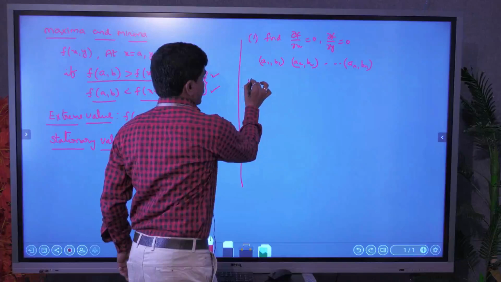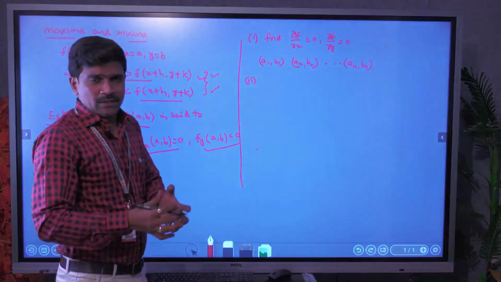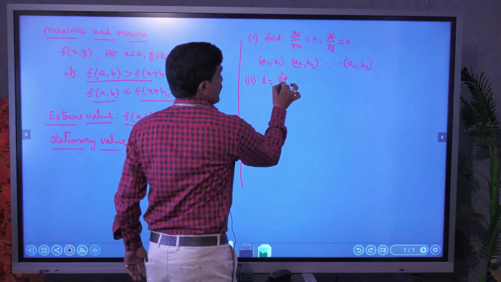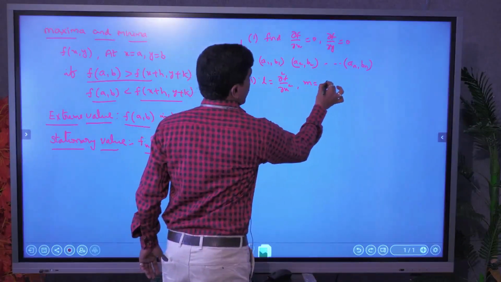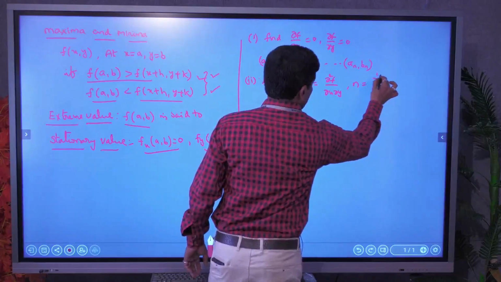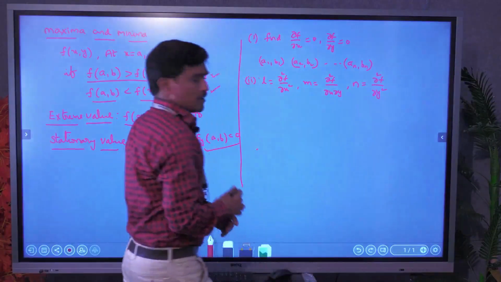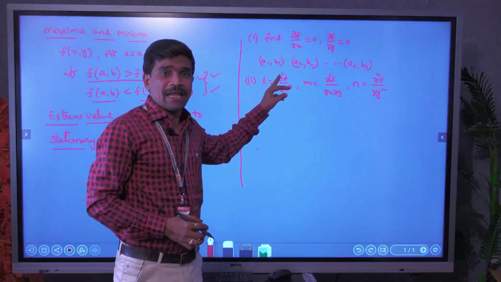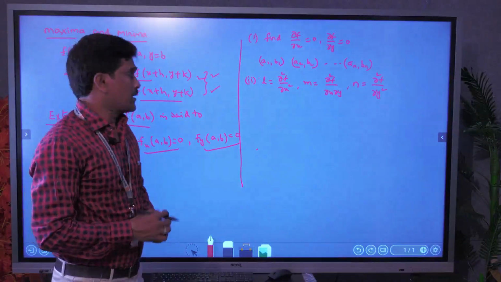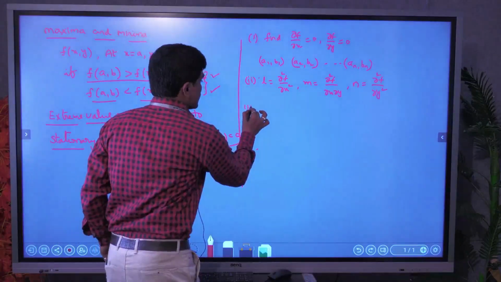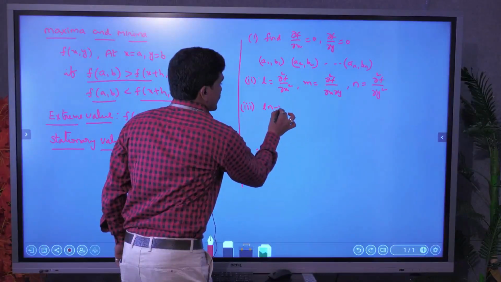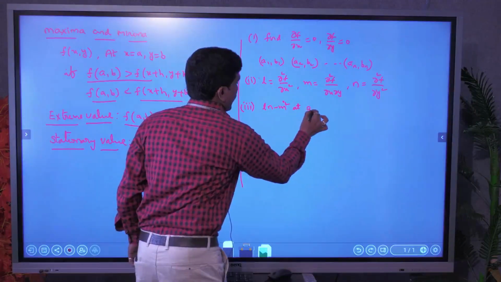Now the second step. Next, we have to find L equal to ∂²f/∂x², M equal to ∂²f/∂x∂y, and N equal to ∂²f/∂y². So we find the values of L, M, N. Now the third step: calculate LN minus M² at (a1, b1).